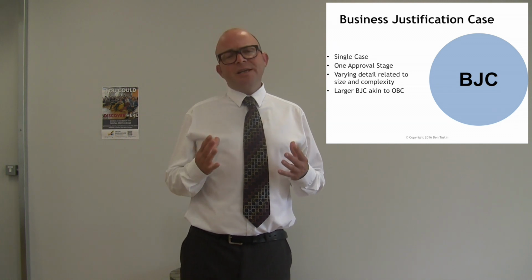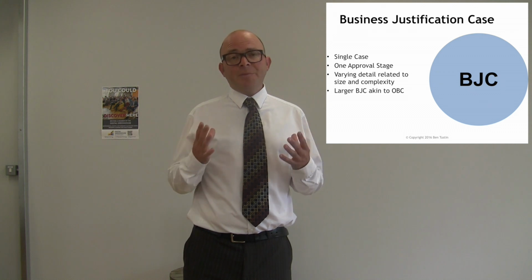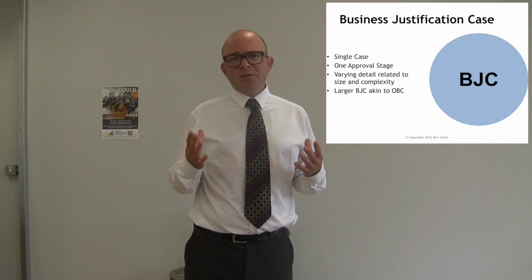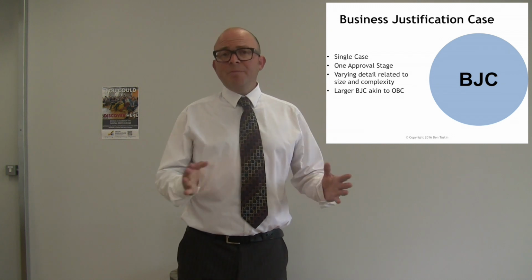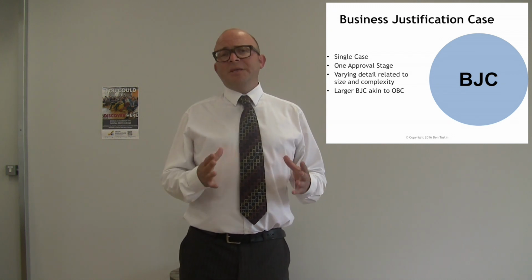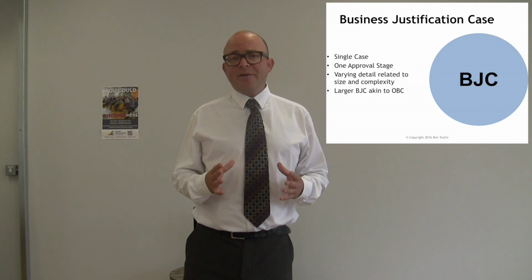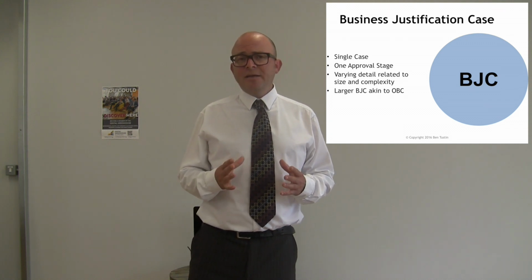Commonly, BJCs are used under programs where the programs are very concise and detailed, whereby a decision has effectively already been made to implement a number of projects, and the BJC is simply fleshing this out and ensuring that it is on track and in accordance with the program.